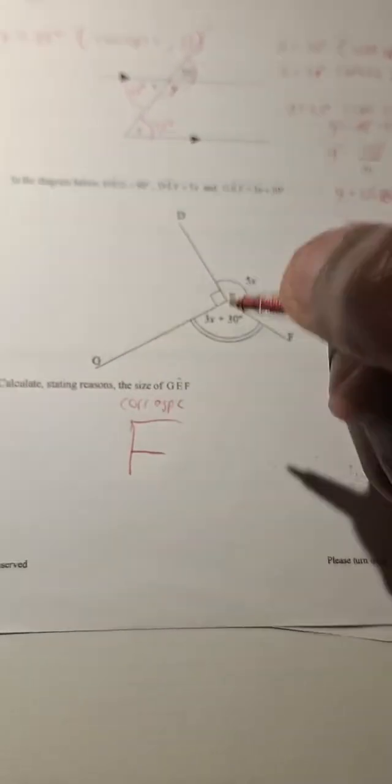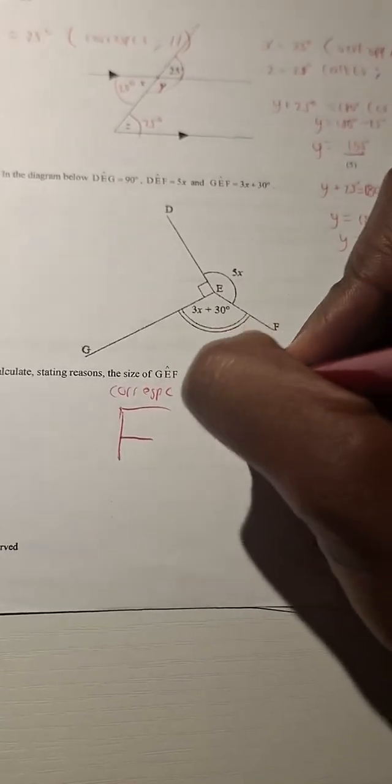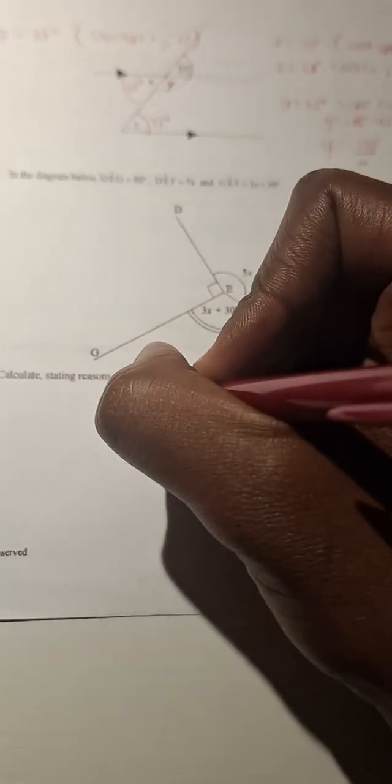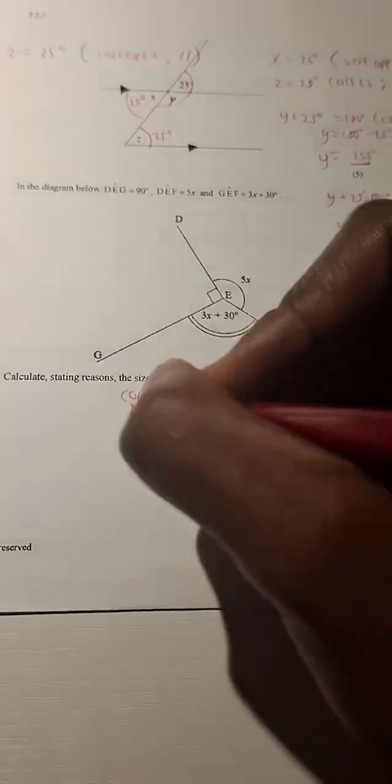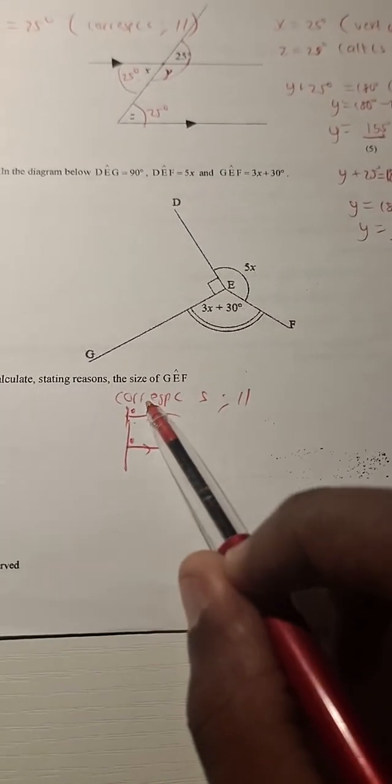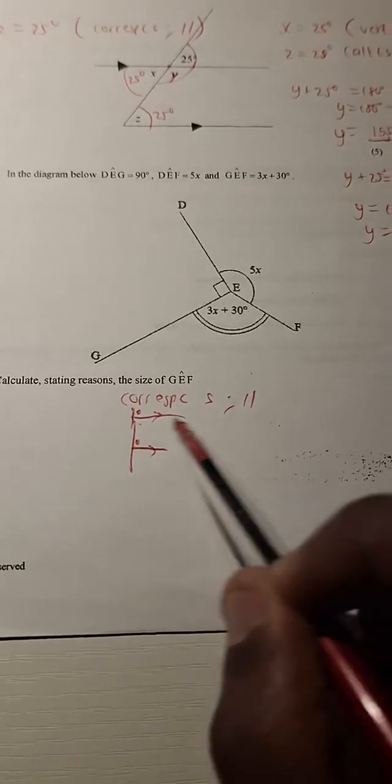So let's see, I just want to remind people here, corresponding angles: the lines are parallel. Corresponding top angles are equal if the lines are parallel, guys. That's why when you write your reason, you must write corresponding angles and must state the lines that are parallel.